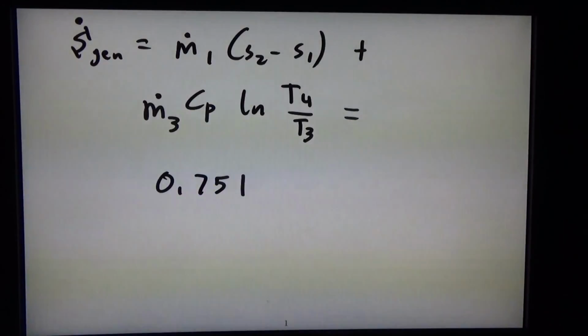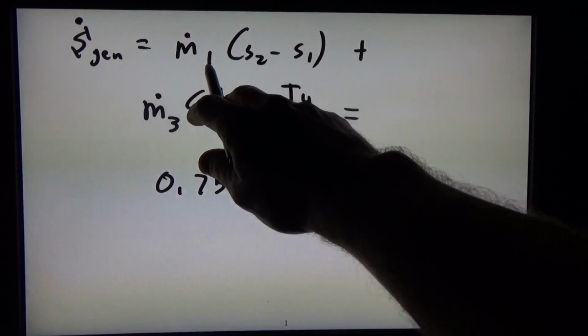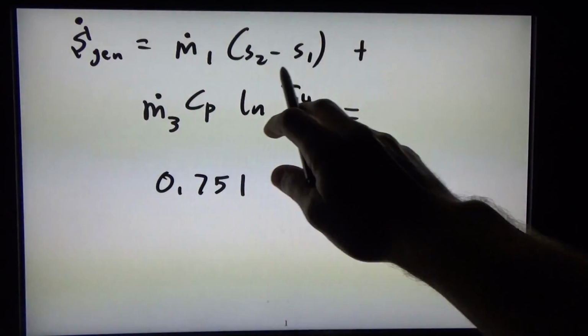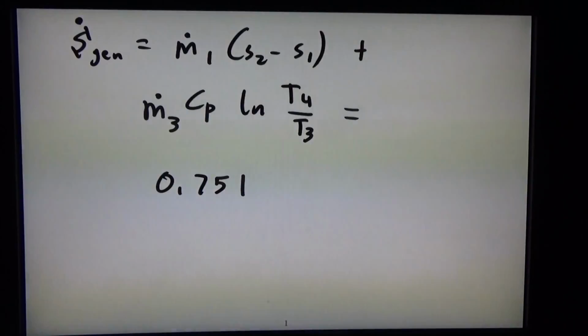What kind of units do we have here? For the mass flow rate, we multiply kilograms per second times kilojoule per kilogram Kelvin. So the kilograms cancel out, and we get kilojoule per second Kelvin.